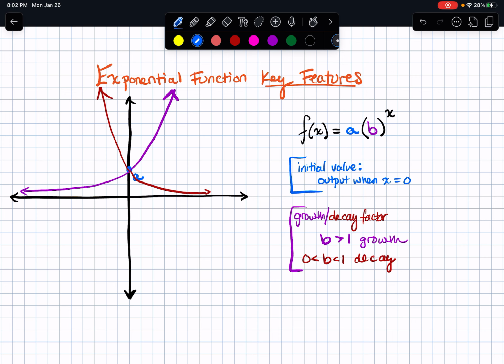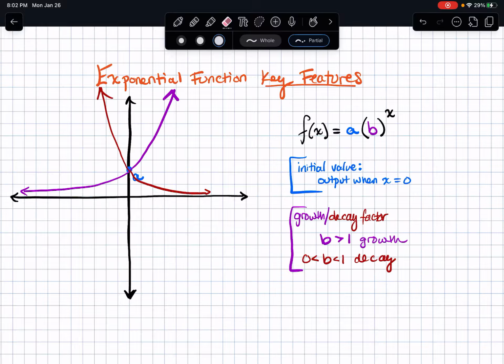What I want to highlight on both of these graphs, and this is an important key feature as we move into Algebra 2, is notice that neither of these graphs ever extend into the negatives for their y values. This is behavior that we call an asymptote or asymptotic behavior. So think of our end behavior. In the past, we've said things like as x approaches infinity, the polynomial approaches positive infinity or negative infinity.